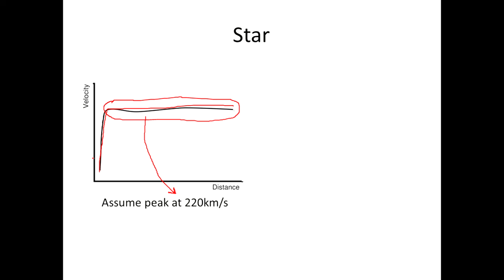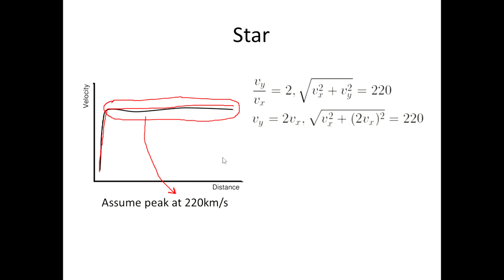Now, what can we do with this information? We know that the linear velocity, which is Vy, and the tangential, or Vx, are in a ratio of 2 to 1, and the scalar resultant of these velocities is 220 kilometers per second. So you can substitute Vy equals 2Vx into the equation inside the square root.